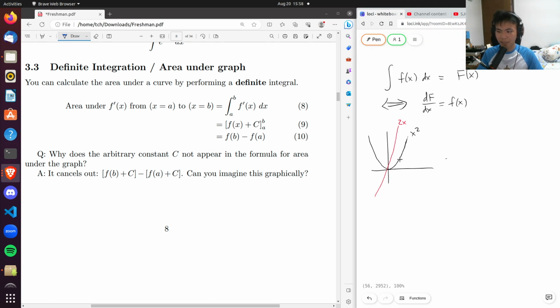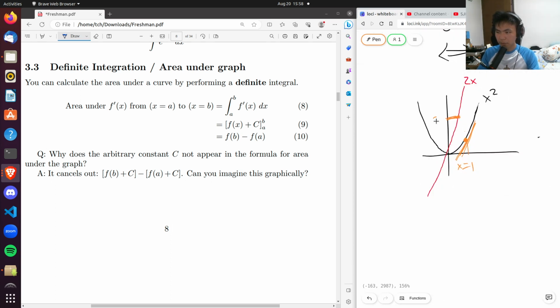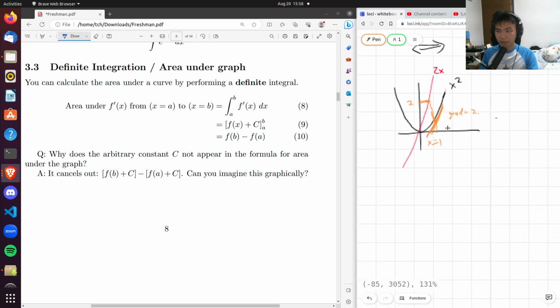So for example, if I pick this point at, let's say, x equals 1, the derivative function tells me what is the gradient at this point x equals 1. So I'm drawing a tangent line to it, and you see that this tangent line has a gradient of 2. So that implies that this derivative function has a value of 2 at x equals 1. So that's the geometrical understanding of the derivative.